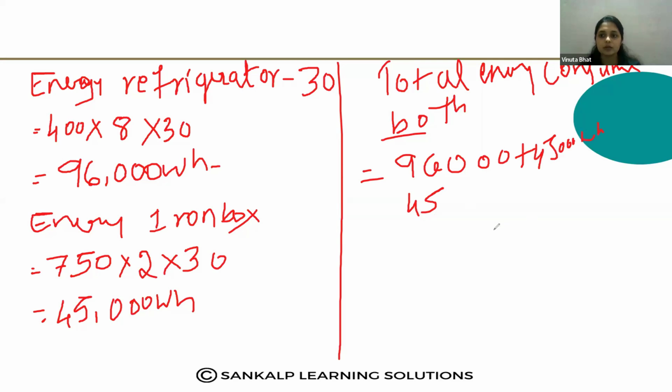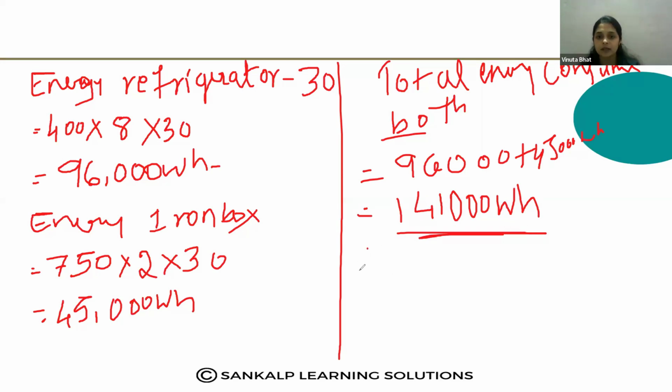So that is equal to 96,000 plus 45,000, that is equal to, please calculate this, try yourself, that is equal to 1,41,000 watt hour. Okay, so but now it is in watt hour.